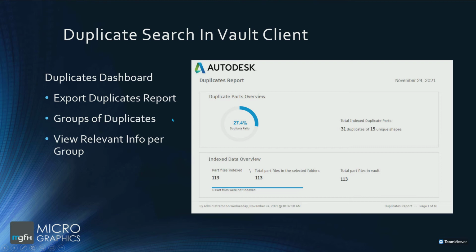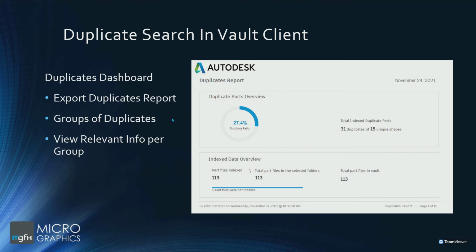The way the report is structured is that it will export what we call a group of duplicates. So we see that there are 15 unique shapes. Each one of those unique shapes will be a group. So in this case, we'll have 15 groups.